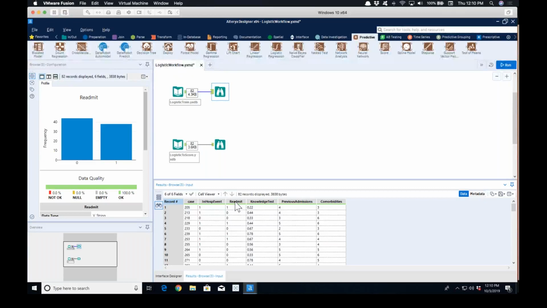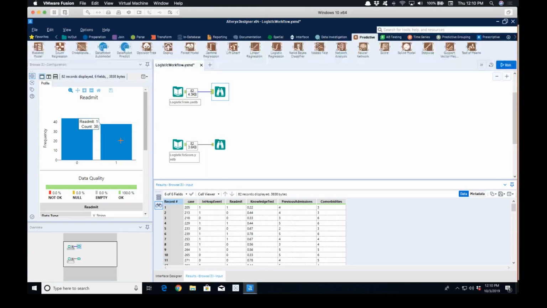This is our outcome variable that we care about a whole bunch: whether or not someone is readmitted into the hospital after we released them. In this case, I have about 44 people who were not readmitted, and 38 people who were readmitted. So this data set is kind of small, 82 cases, but still it's an interesting data set for us to look at.